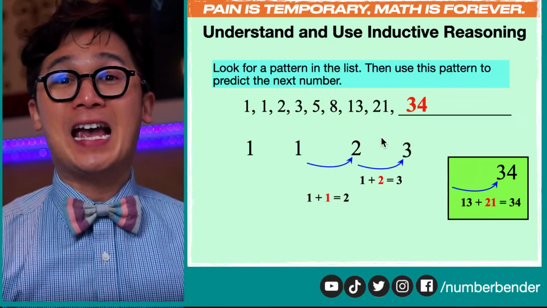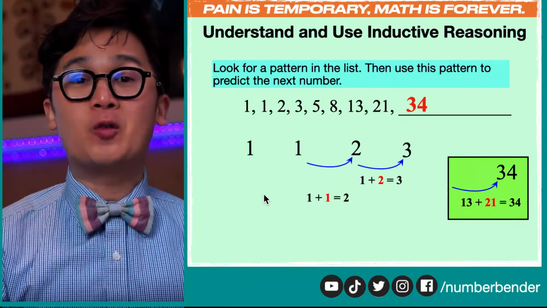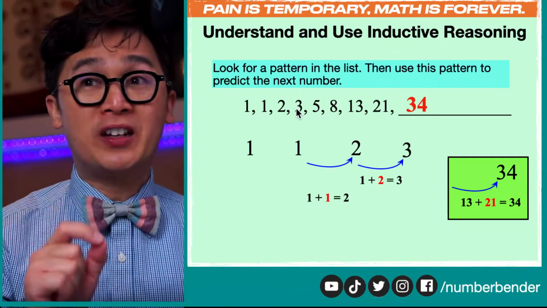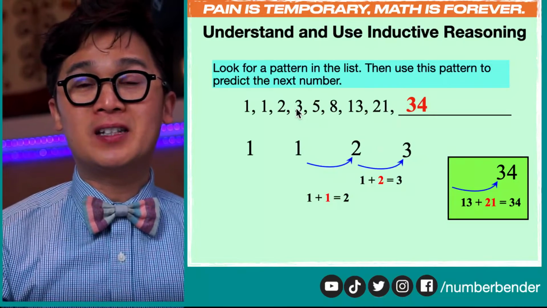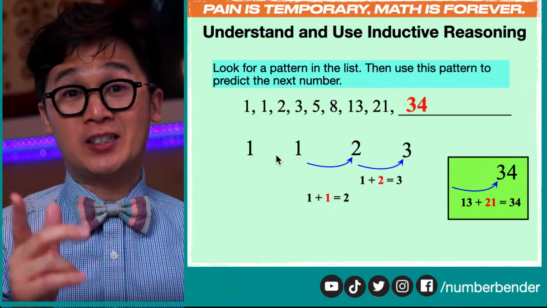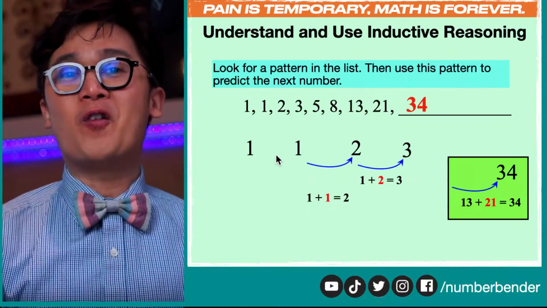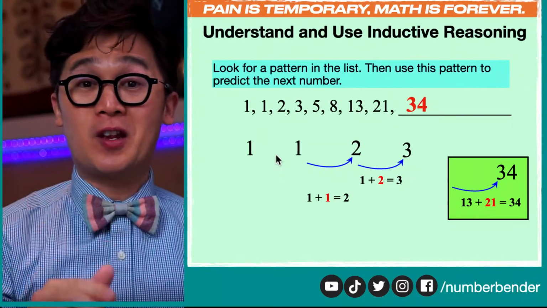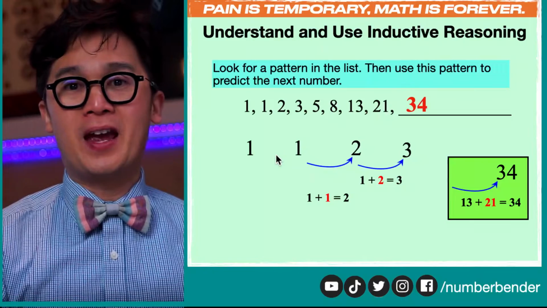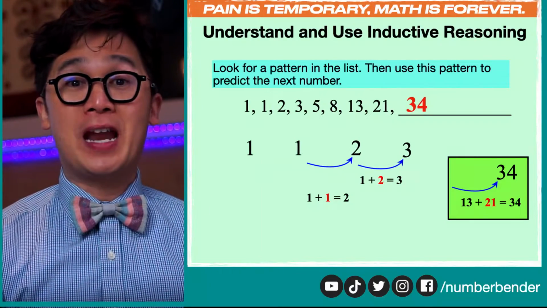So this is how we use inductive reasoning, and our conjecture is that we are adding the two previous terms of our sequence so that we'll be able to complete the pattern. That is a conjecture because maybe we don't know, but for these particular examples, we know that numbers are infinite, and in this case, the number after 21 is 34 based on our conjecture.